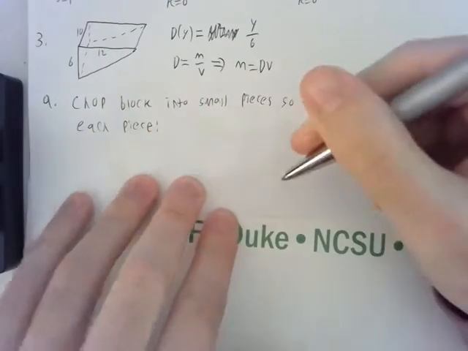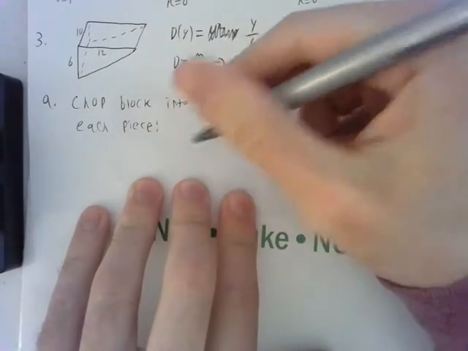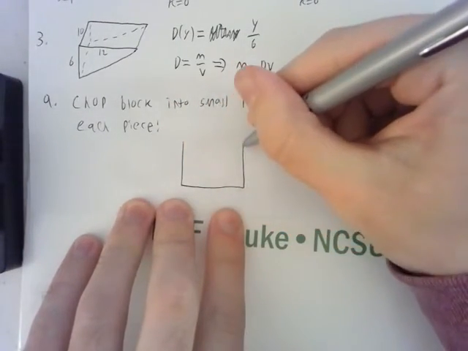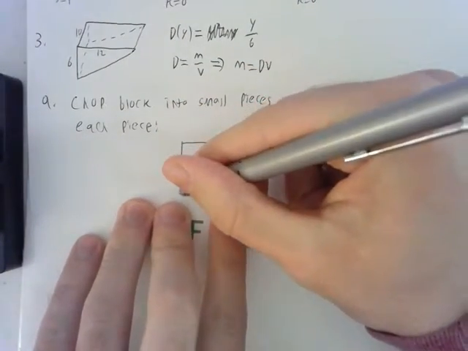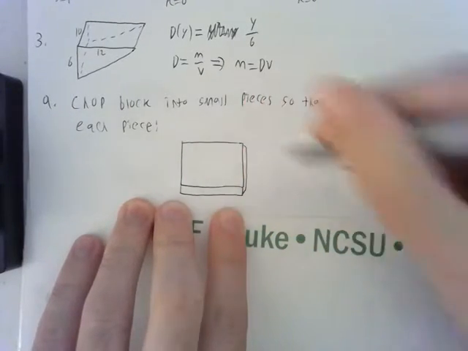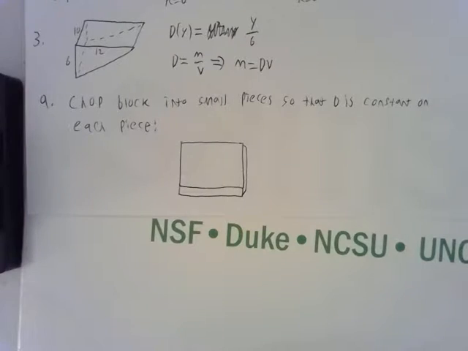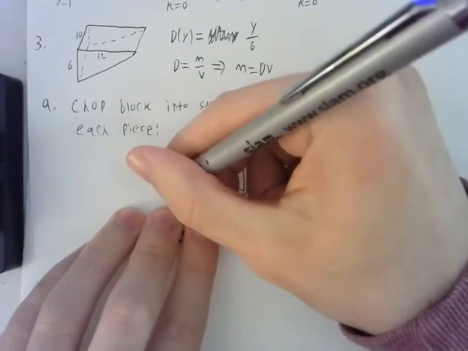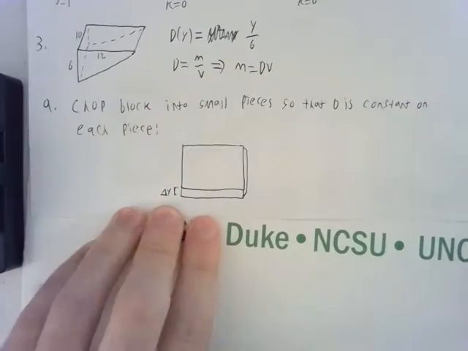So they're going to end up looking something like this. Okay, that's a pretty badly drawn rectangular prism, but I hope you get the idea. Here we have a height of delta y.